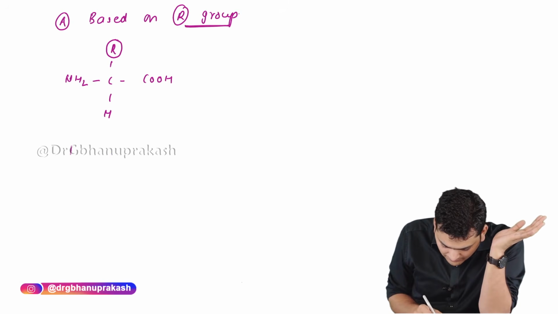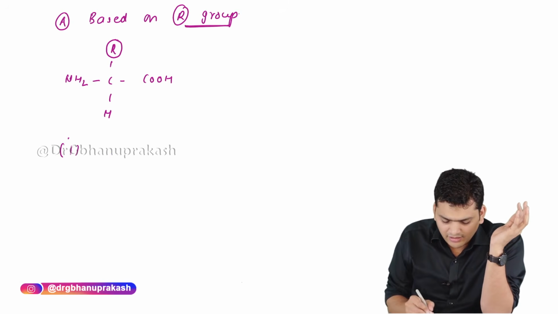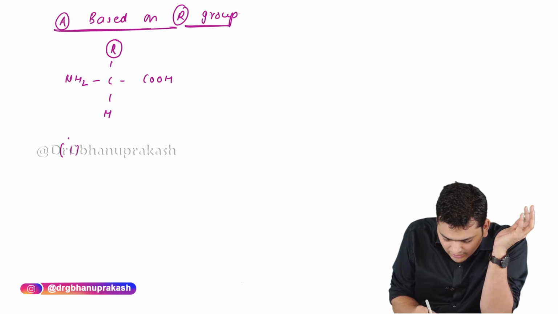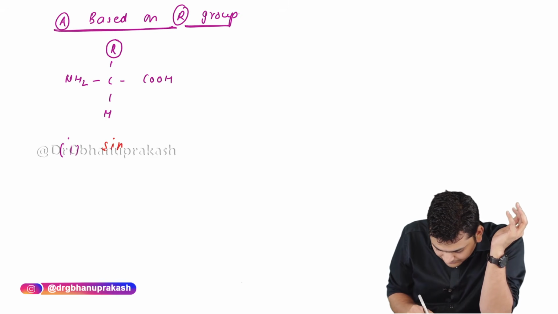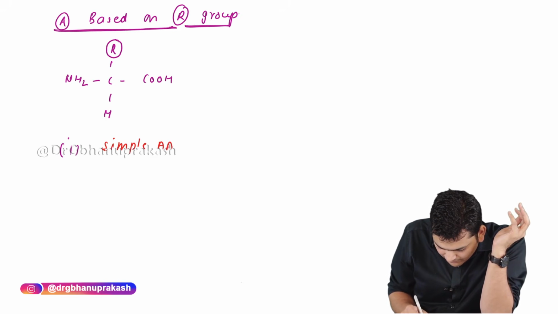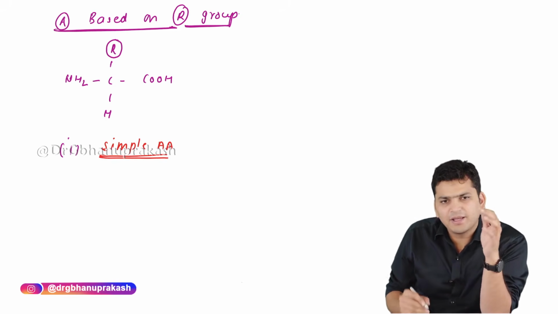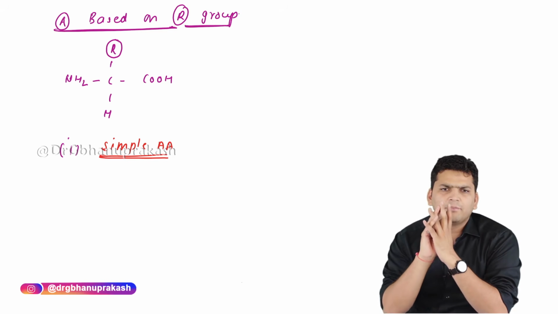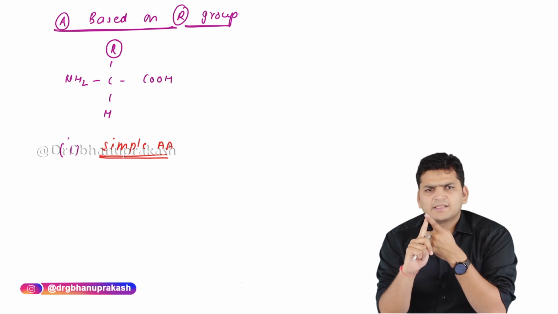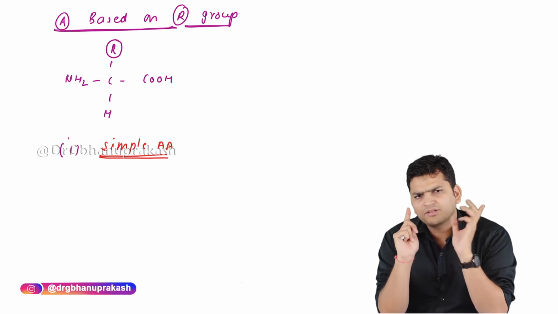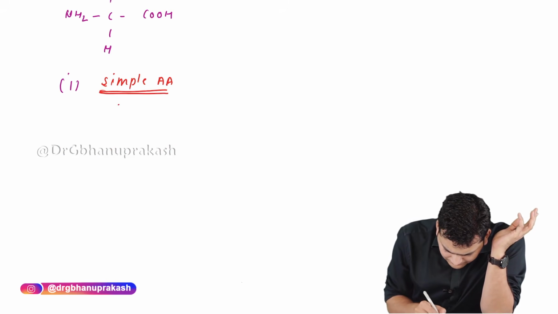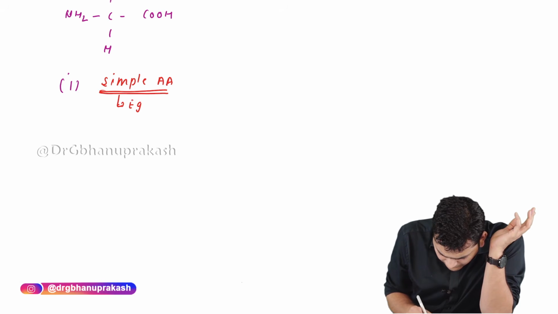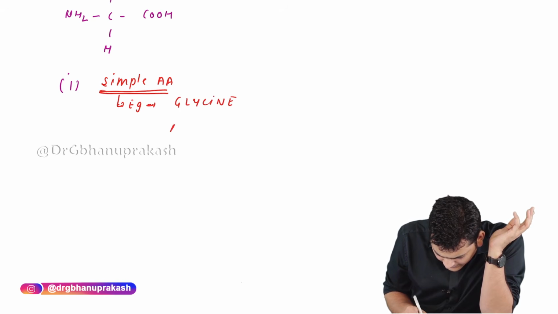The first subcategory, if we do the classification based on the R group, comes out to be simple amino acids. Simple amino acid means that the R group is replaced by either a simple hydrogen or a simple carbon. The examples of simple amino acids are glycine and alanine.